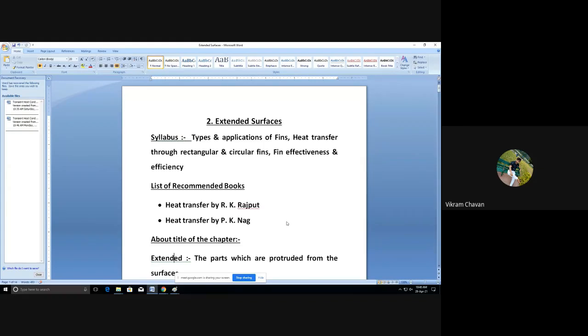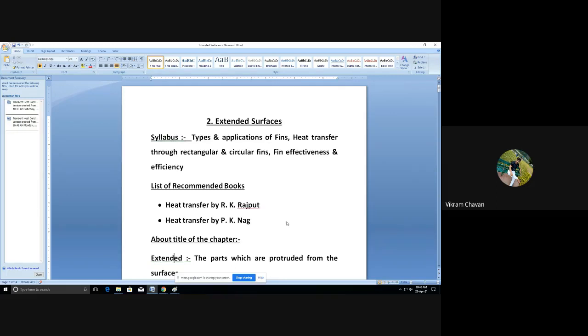You can go to study material and you can download these e-books from the study materials. Okay. If you have any problem for downloading the books, then please let me know. I will try to figure out the problem and the solution for the problem.